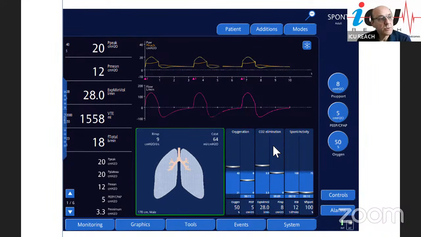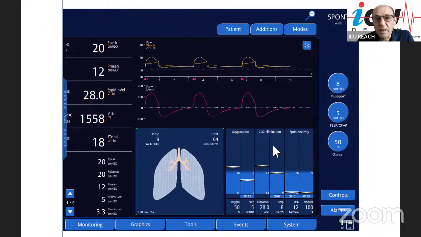This takes me to some of the problems of ATC. So you should not assume that ATC is going to take off the resistive load completely. If you have any secretions, any blood clots, or any mucus accumulation within the tube, the ATC cannot account for that because it doesn't see it.